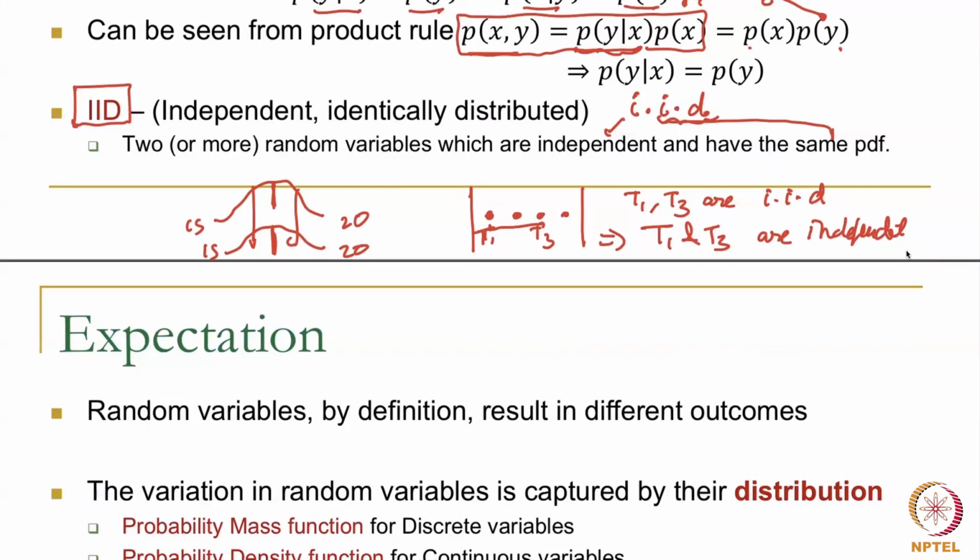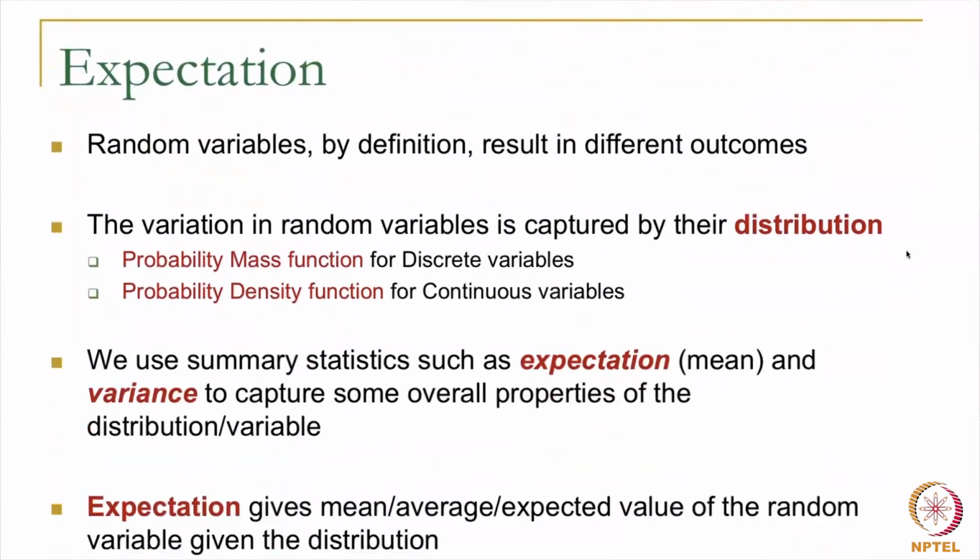And similarly, both of you will get approximately heads as well as tails with the same probability, provided both are fair coins. So that is the meaning of IID variables. You could have this for 2 variables, 3 variables, n number of variables. All of these random variables which are independent and have the same PDF are called IID variables.